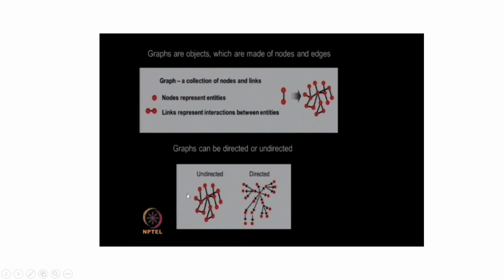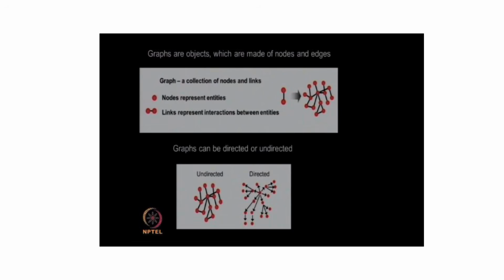Generally, protein-protein interactions are undirected, whereas translational or metabolite interactions are directed ones, because directed indicates one is influencing the other, which is influencing the other. If only two are involved, and they are just interacting, that's undirected.